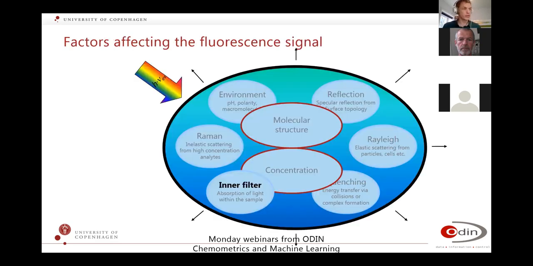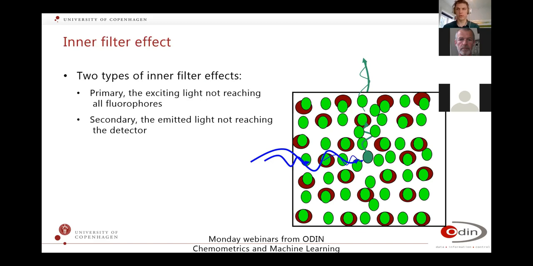But you do have a lot of things that will affect your fluorescence. You have inner filter effect, which happens when you have too high concentrations. You can divide this into two types of inner filter effect.